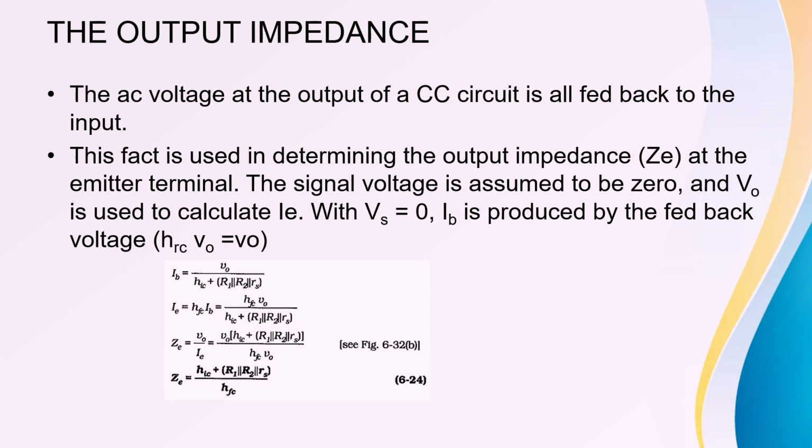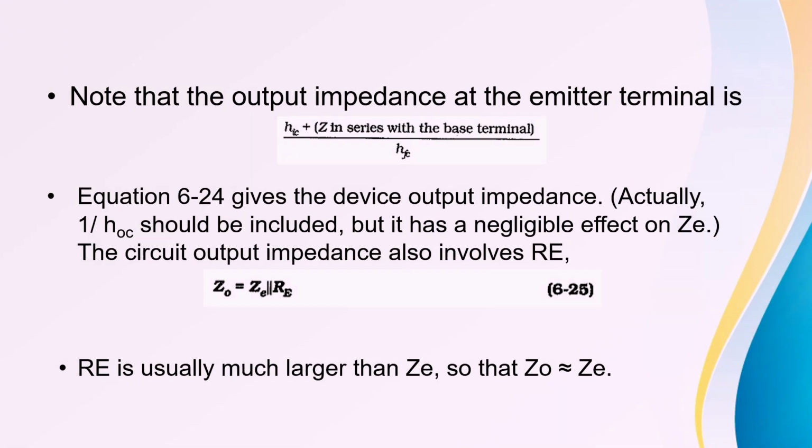Note that the output impedance at the emitter terminal is given by these equations. The equation gives the device output impedance. The circuit output impedance also involves emitter resistance. Emitter resistance is usually larger than the emitter impedance, so the output impedance is approximately equal to the emitter impedance.